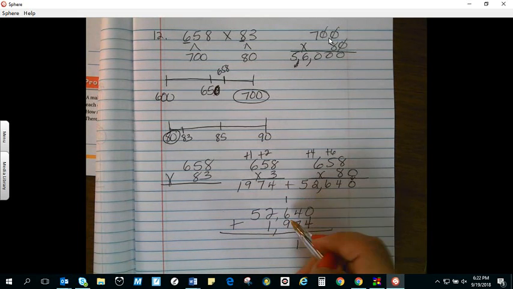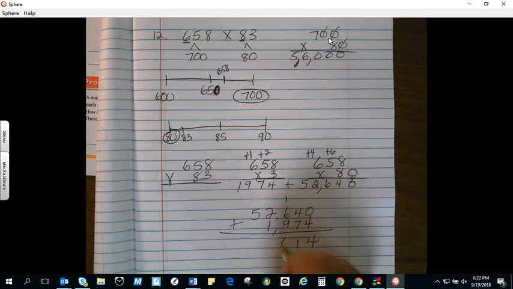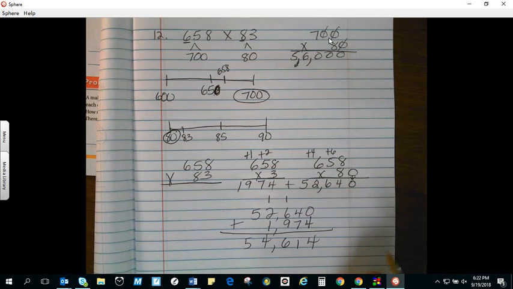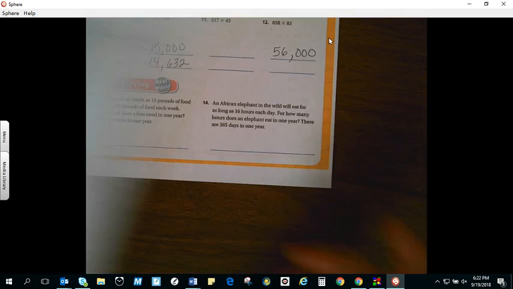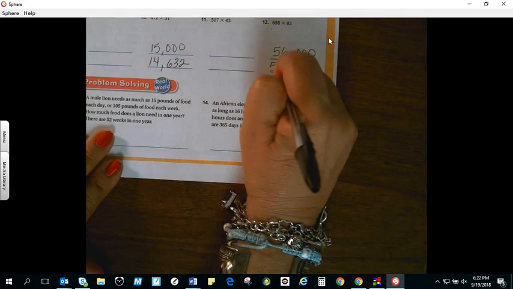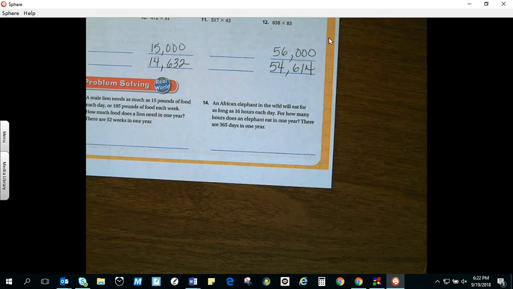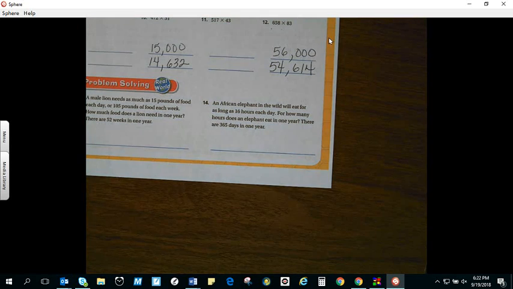Carry my 1. 9 plus 6 is 15, plus 1 is 16. Carry my 1, 2, 3, 4, and bring down my 5, and so my answer is 54,614. I'm going to place that right here, and it's 54,614.